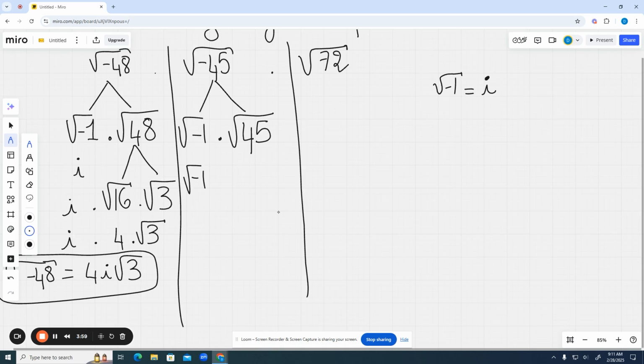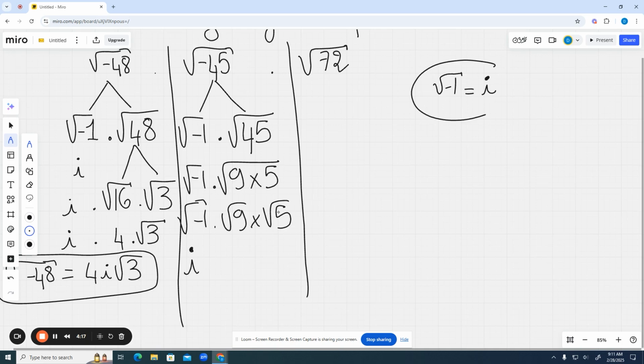So this will be the square root of 9 times 5, which is the square root of 9 times the square root of 5. And we know the square root of -1 stands for i, the imaginary number. You remember this? I talked about it at the beginning of the video.